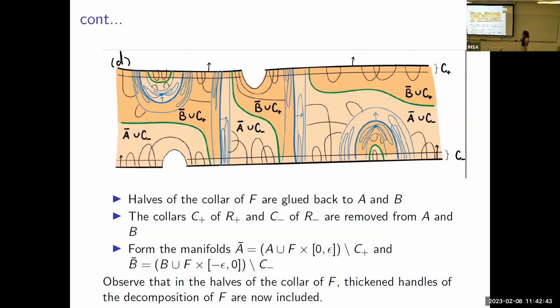Because of the difference between that and one. And then especially when some component of F doesn't meet R minus, then you're going to have a zero-handle for that from one view. So you would have to be a little bit more careful, taking into account all the different components and treating them differently.